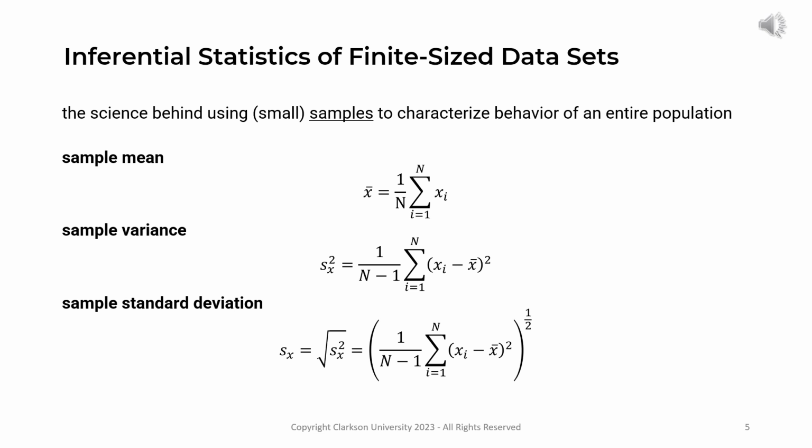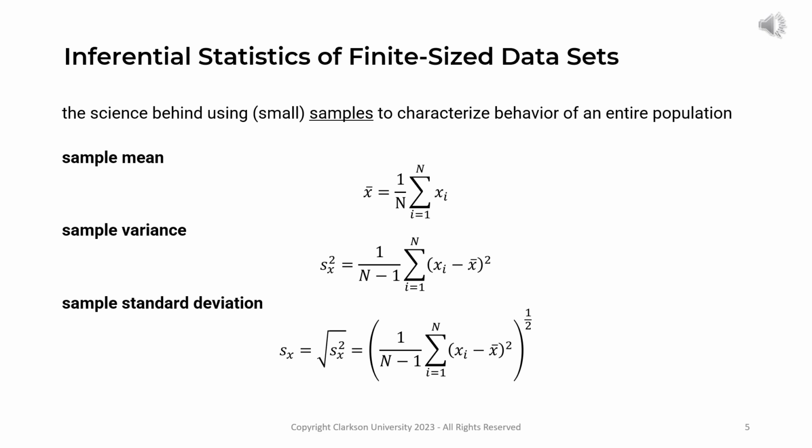We refer to such statistical estimates as the finite statistics. An important point: whereas infinite statistics describe the true behavior of the population of a variable, finite statistics describe the only behavior of the sample data set, which we then use to infer the behavior of the population.